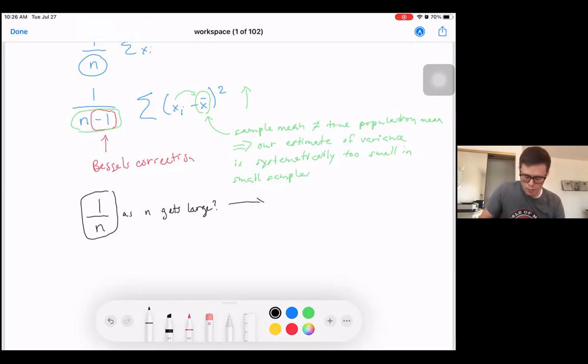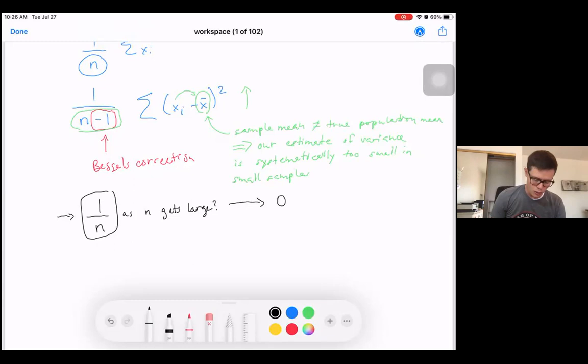It gradually approaches 0. So as I put an n in there that's larger and larger, this fraction will get smaller and smaller. Soon I'll be dividing by 1 over 100, and then 1 over 1,000, and 1 over 1,000,000, and 1 over 1,000,000,000,000. And eventually this number approximates 0.